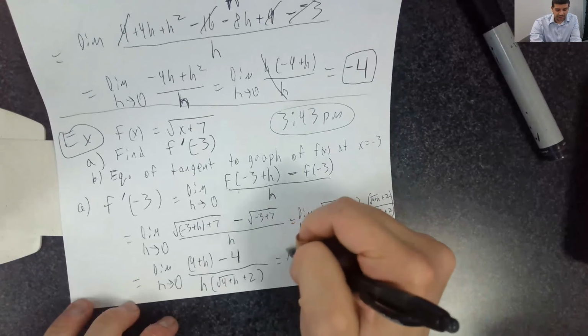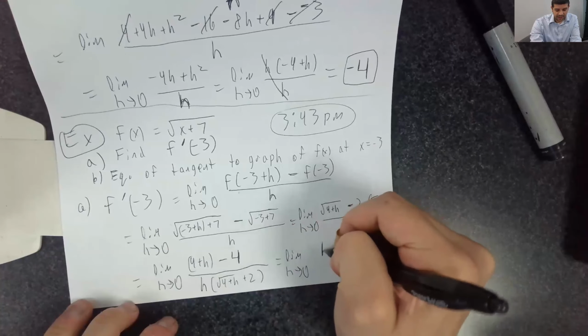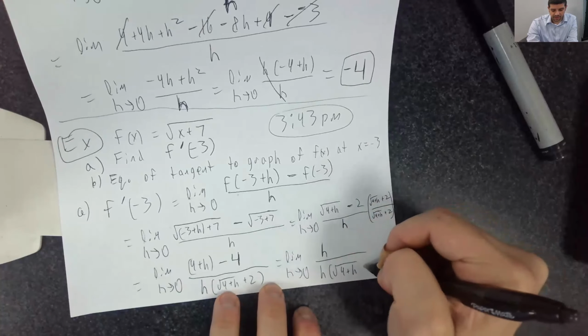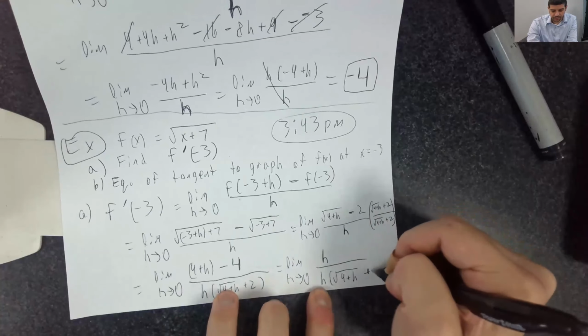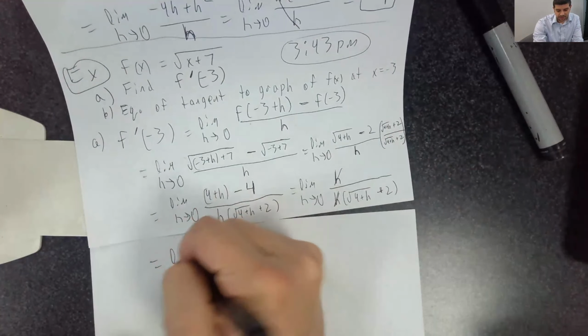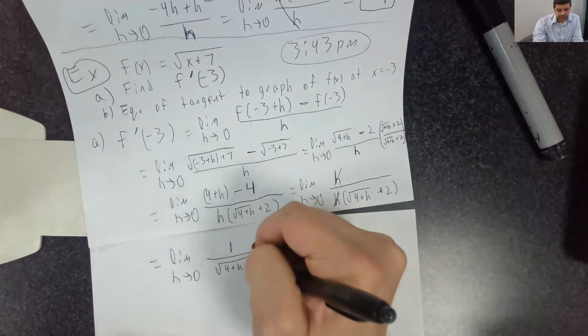Limit as h goes to 0, we get h divided by h times radical 4 plus h plus 2. The h's cancel. So we get the limit as h goes to 0 of 1 divided by radical 4 plus h plus 2.